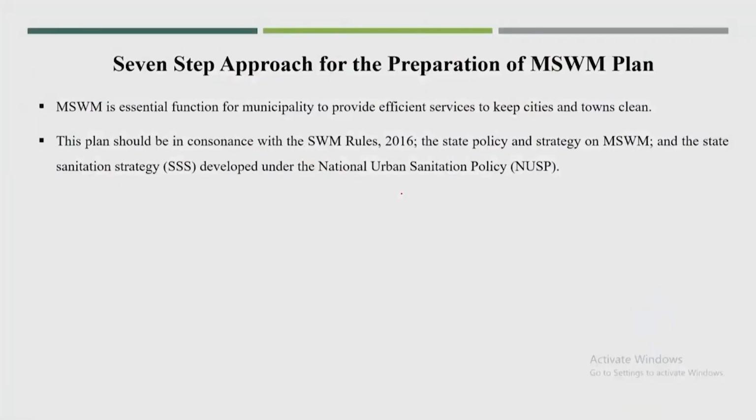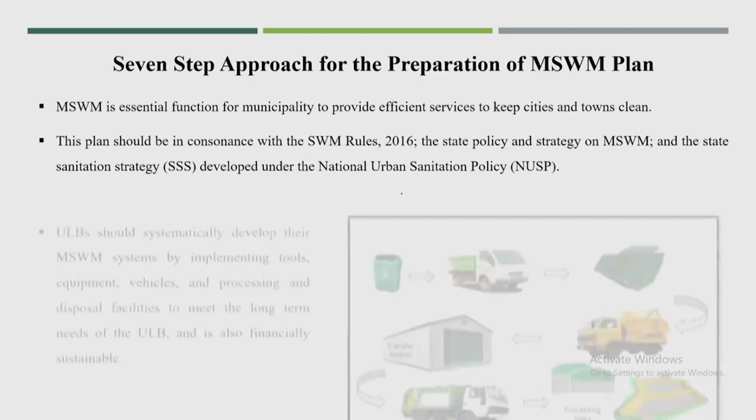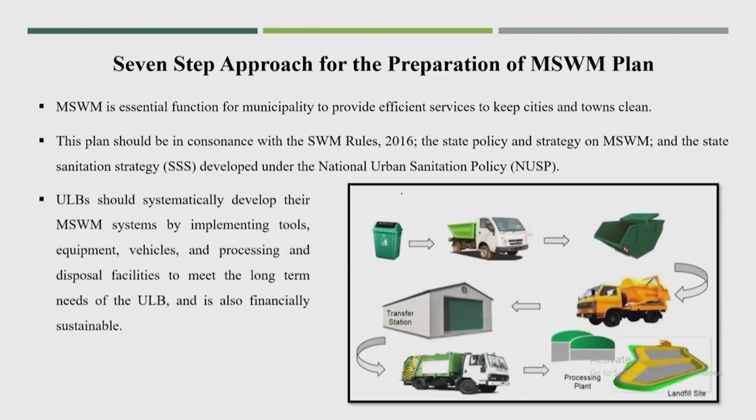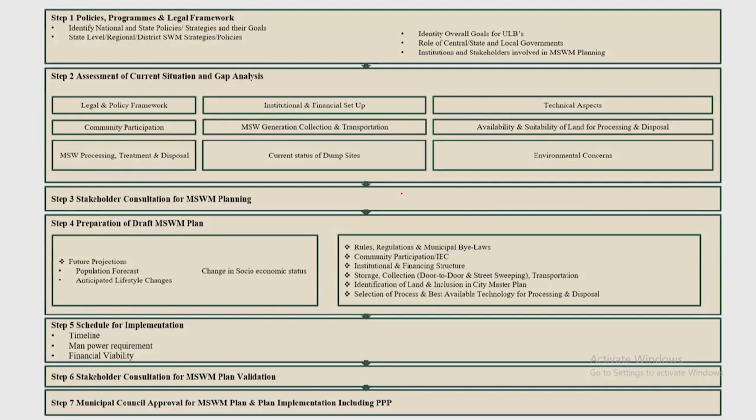These plans should be in line with the SWM Rules 2016 and the state sanitation strategy developed under the National Urban Sanitation Policy. So, ULBs should systematically develop their MSWM system by implementing tools, equipment, vehicles, processing and disposal facilities to meet the long term need of the ULB, and it should also be financially sustainable. So, these are the different steps.